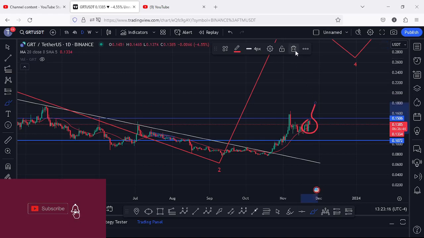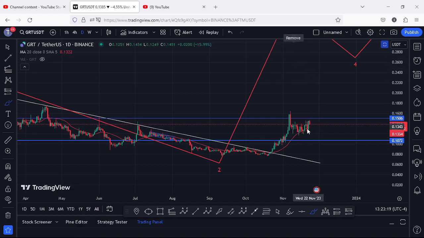The next key area of resistance that we need to see a break above lies at around the $0.15 mark, and a break above that with a successful retest, then I'm expecting to see GRT get above the $0.2 mark. We are also holding above a significant area of support at around the $0.1072 mark.